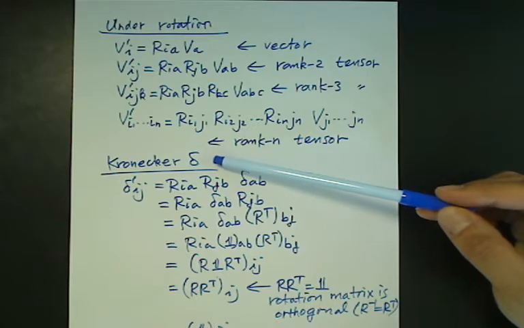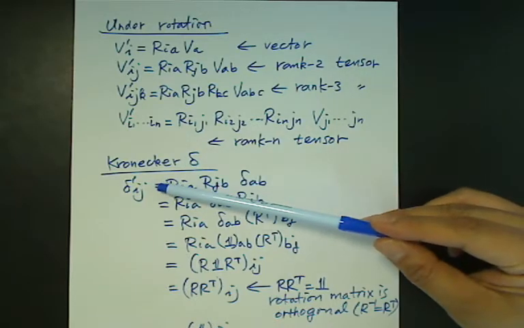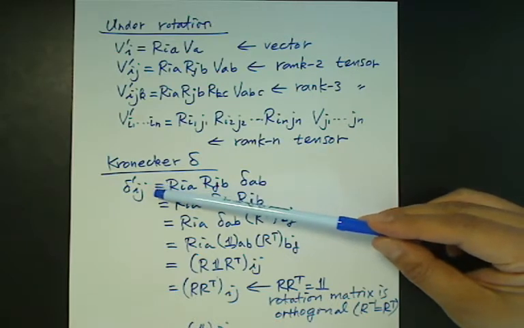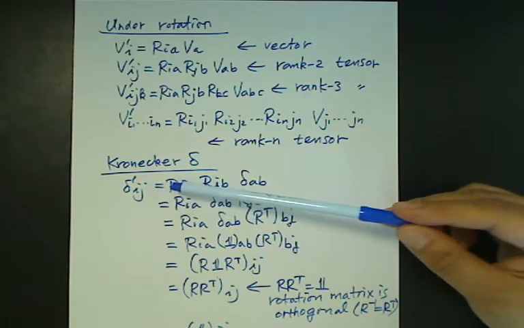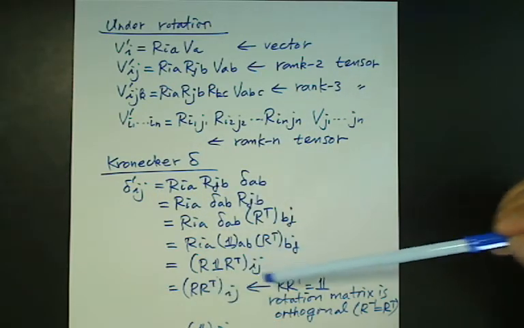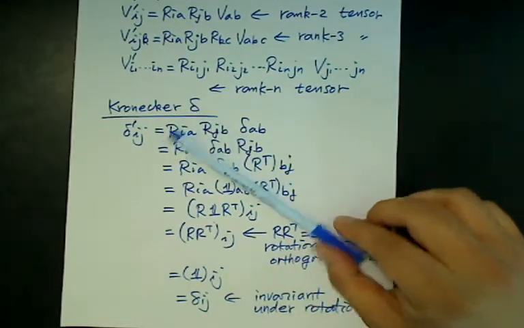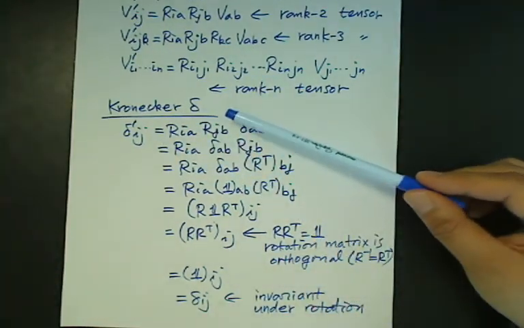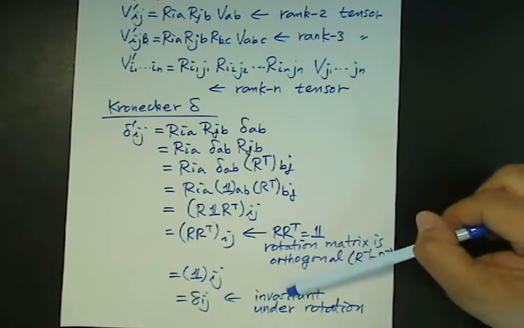We just have seen that the Kronecker delta is a rank 2 Cartesian tensor, and it has a special property that after rotation the structure is identical to the original form. So the Kronecker delta is the rank 2 Cartesian tensor which is invariant under rotation.